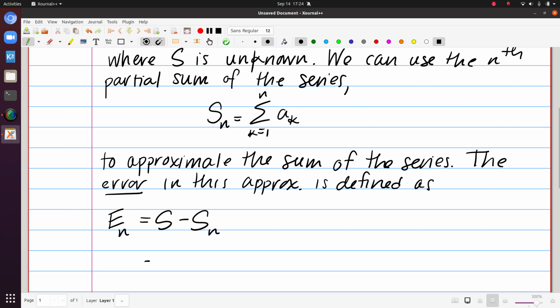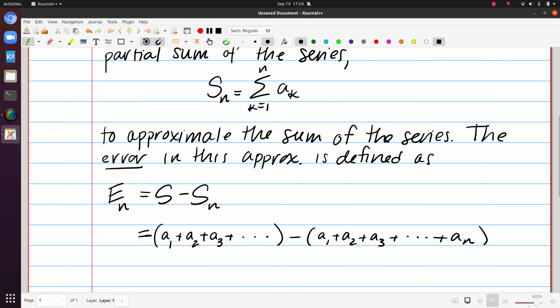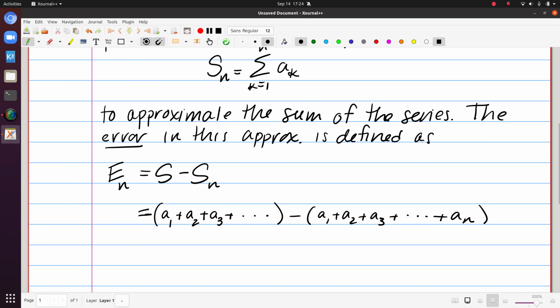And if we think about what that equals, well, S would be the sum of all of the terms. S sub n would be the sum of the first n terms. So everything that's in S sub n would be in that first collection of terms as well.